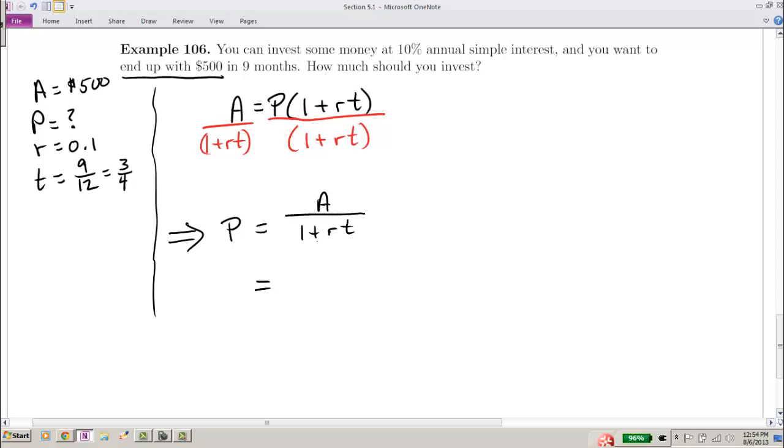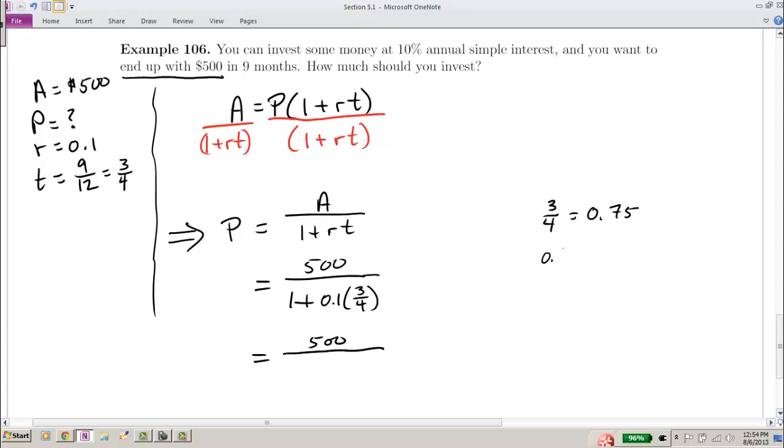So we know that the value of A is 500. The value of R is 0.1. And T is 3/4. And simplifying the denominator, 0.1 times 3/4. Well, 3/4 is 0.75.